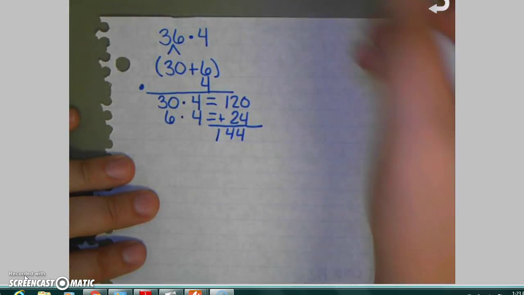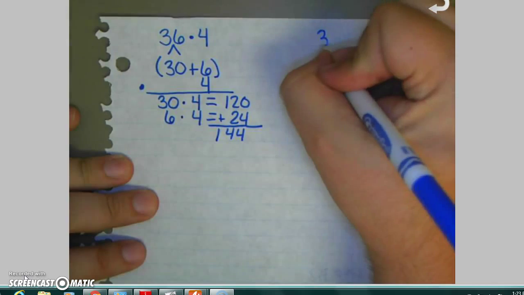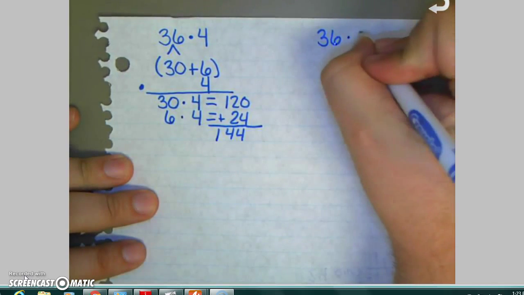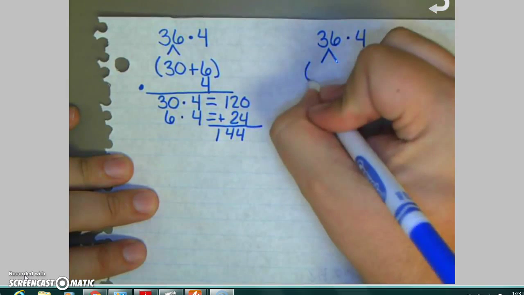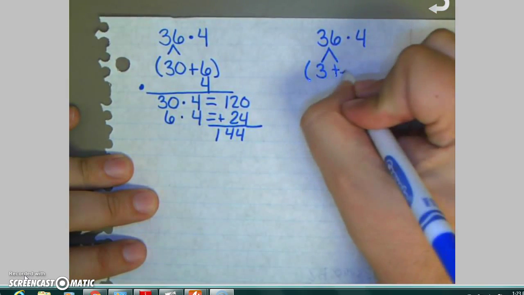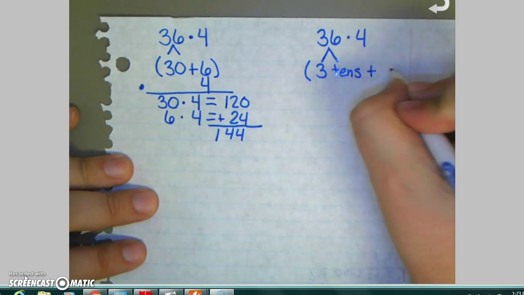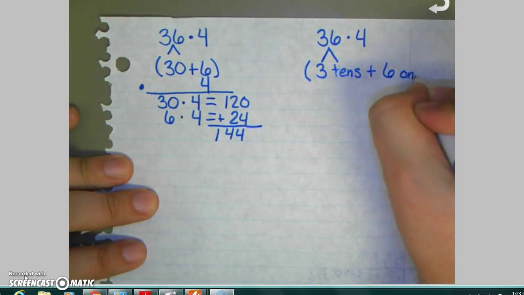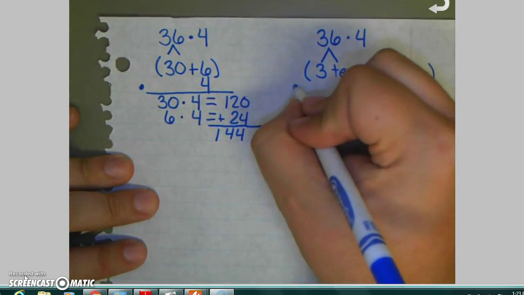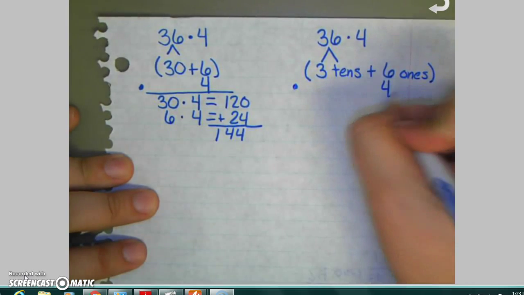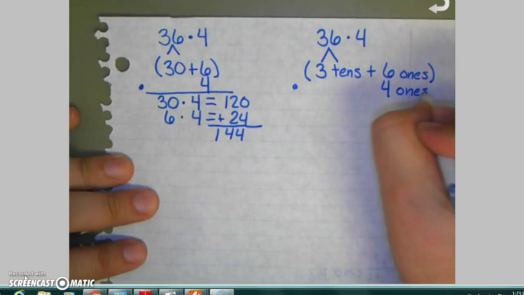Kind of the same thing. 36 times 4. I can rewrite it as 3 tens plus 6 ones and multiply that by 4 ones.